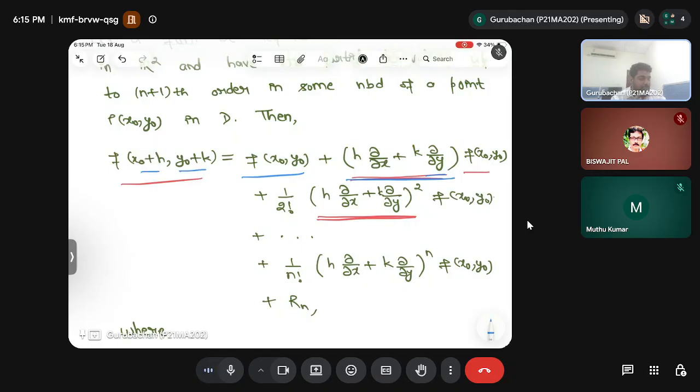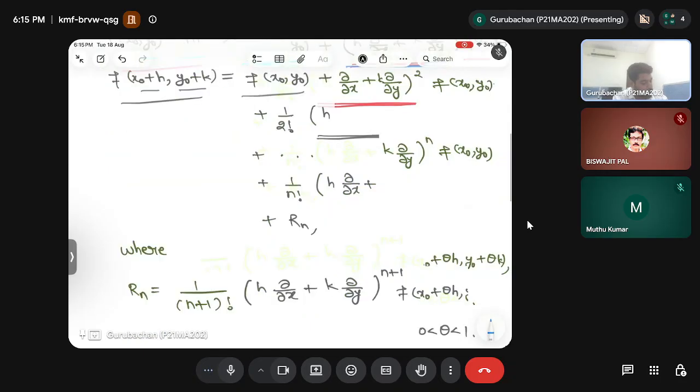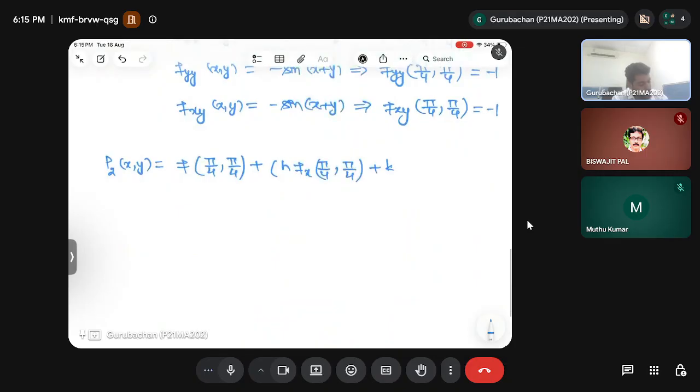Now we want our polynomial to be in x and y. So what we do, we substitute x naught plus h as some point x. So h is equal to x minus x naught. Similarly, k will be y minus y naught.